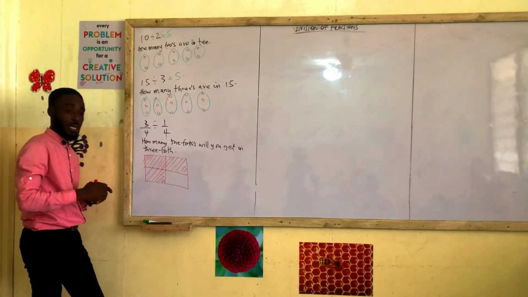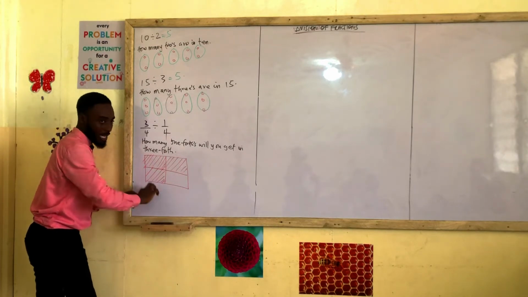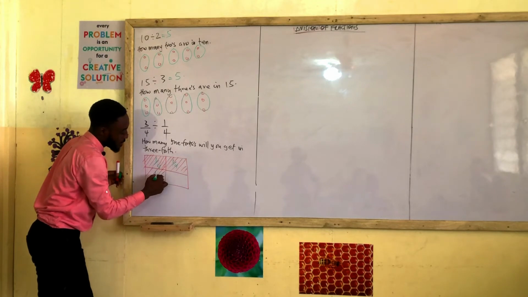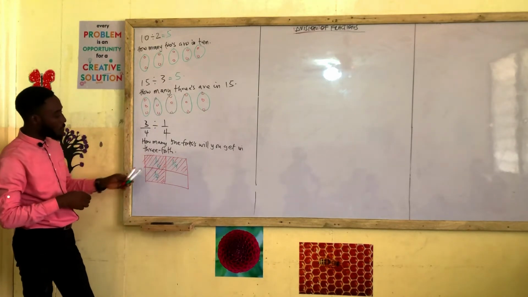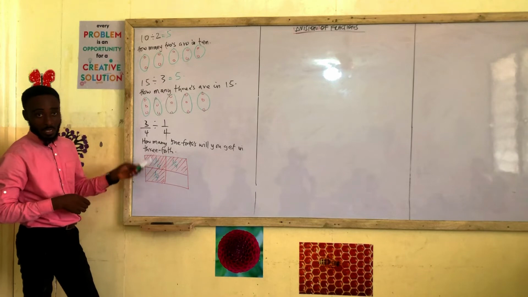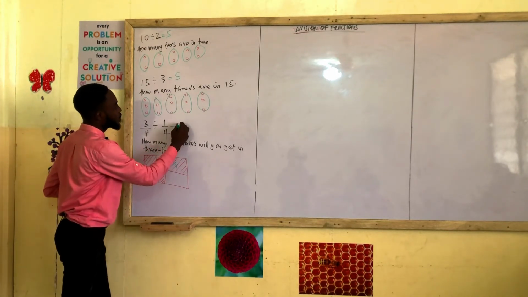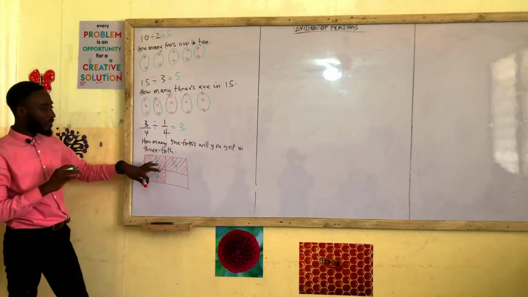And then 1/4, 1/4, and then 1/4. So how many 1/4 can we see here? We can see 3, exactly. So that would be equal to 3. I just wanted to use the graphics to get the answer.